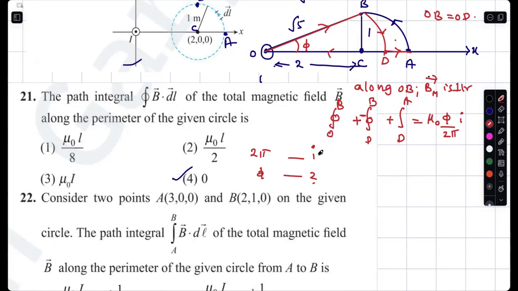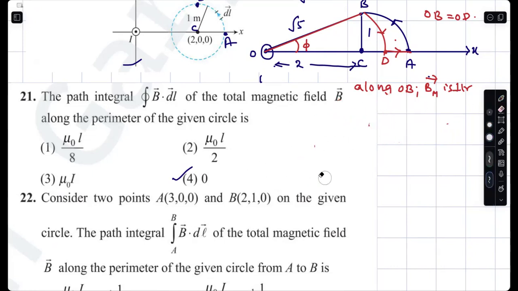I don't want to confuse you. I'll repeat everything once again. Just please follow carefully. When you are going in anti-clockwise sense, outward current carrying conductor is taken as positive.